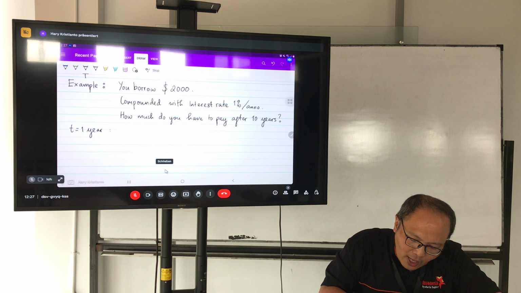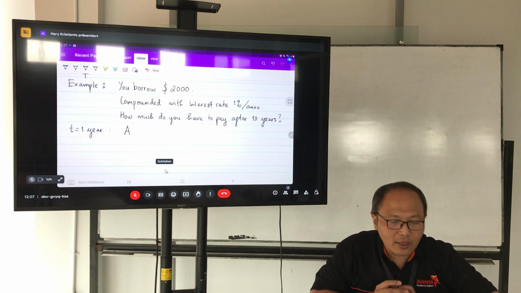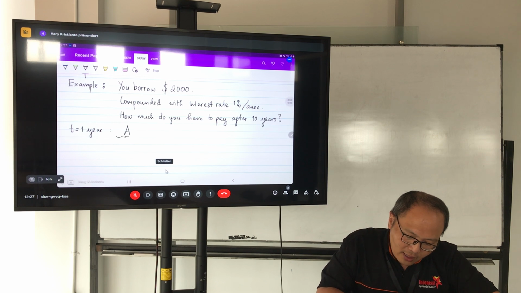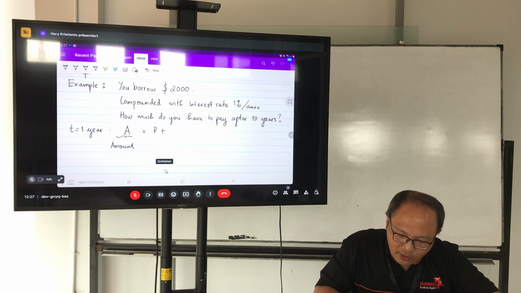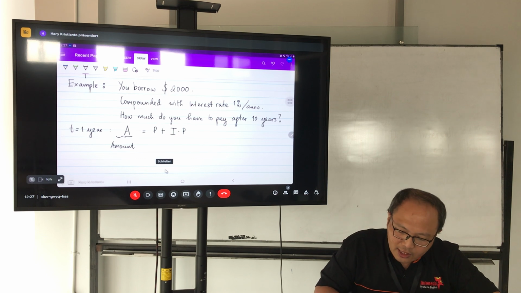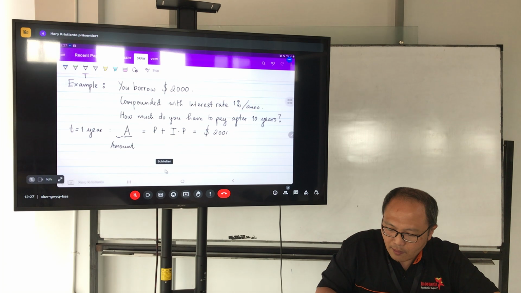If you just borrow 1 year, then the money you have to pay, let's say A stands for amount, is equal to your principal plus the interest rate times the principal. In this case, you have $2,000 plus 1% of your principal.